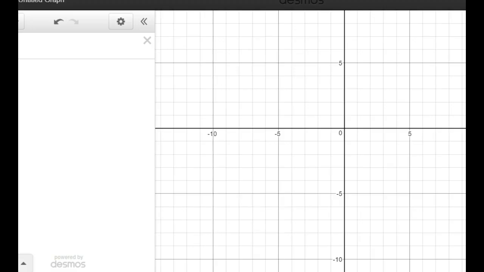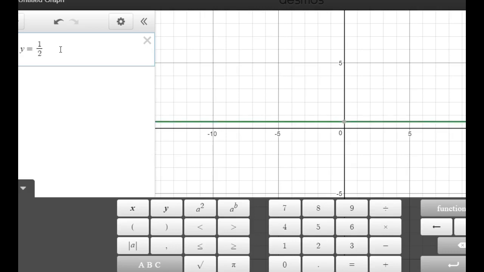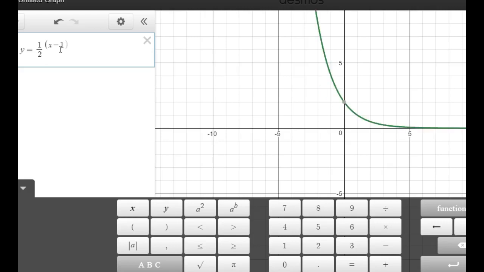Now when I go to Desmos, I type those equations in. So y equals 1/2 to the, and when I'm using exponents, I want to make sure I have my parentheses so nothing gets lost, x minus 1. There's my first equation, and my second one is y equals 7.